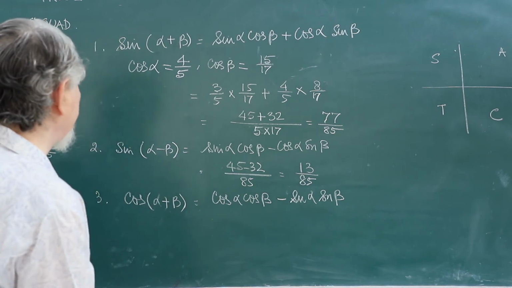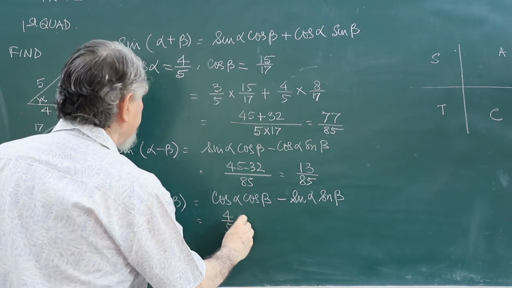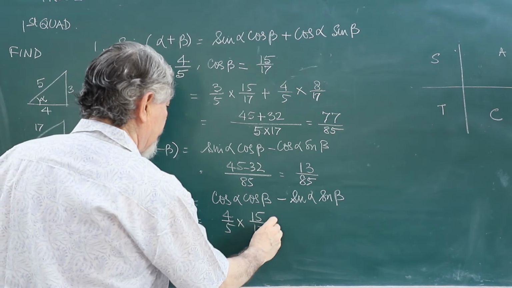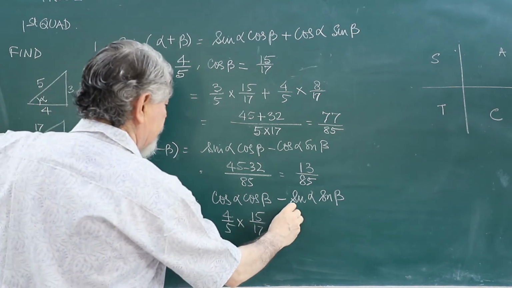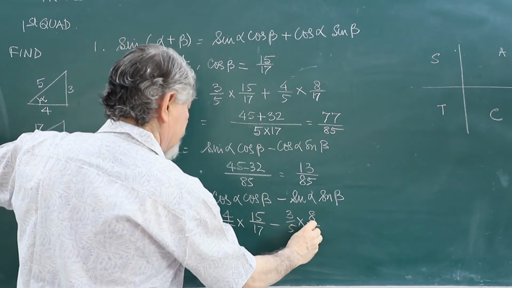Now let us see the value. Cos alpha is 4 upon 5, cos beta is 15 upon 17, minus sin alpha, which was 3 upon 5, and sin beta, which was 8 upon 17.